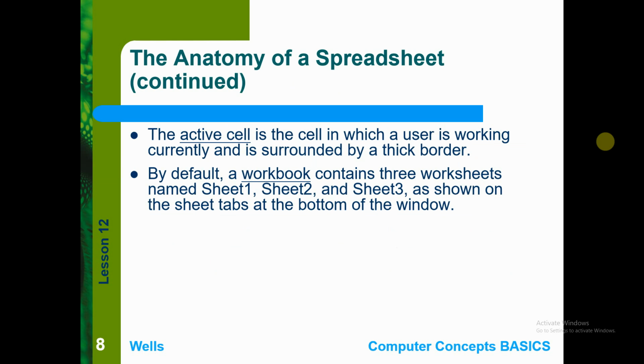So by default, when you open a new spreadsheet workbook, it contains 3 worksheets. The worksheet tab names are Sheet 1, Sheet 2, and Sheet 3. You will see them at the lower left of your workbook window.